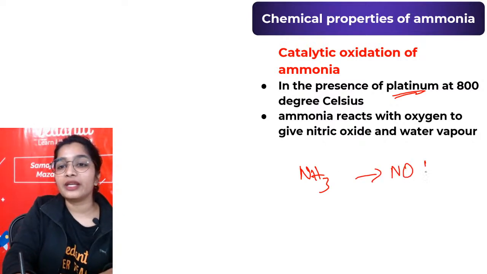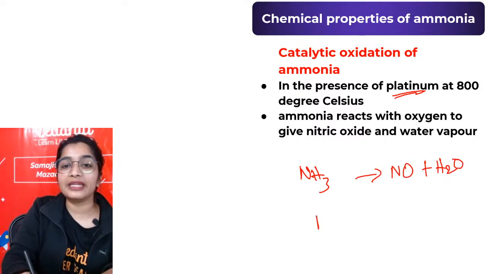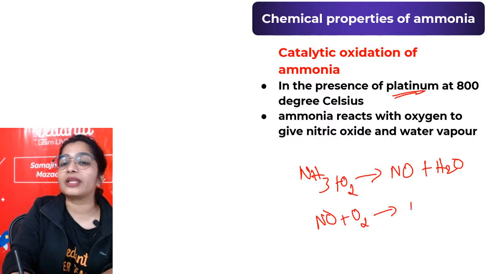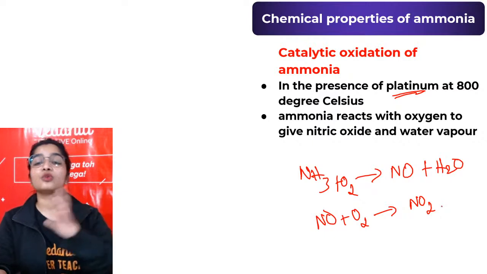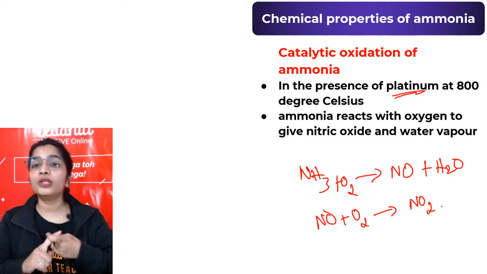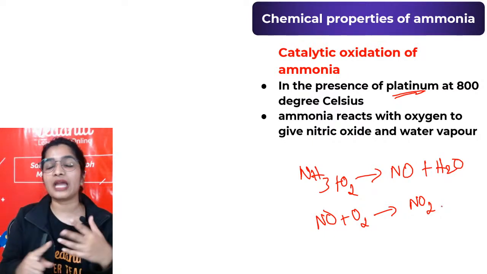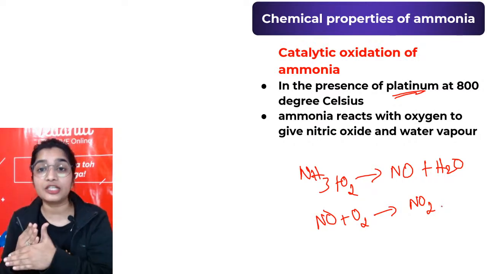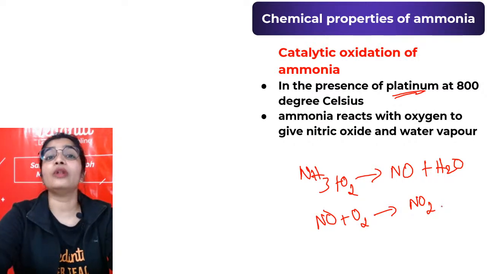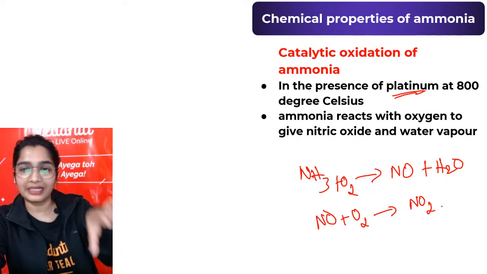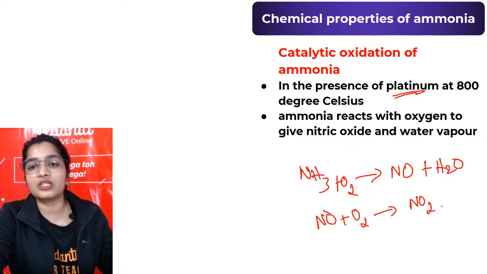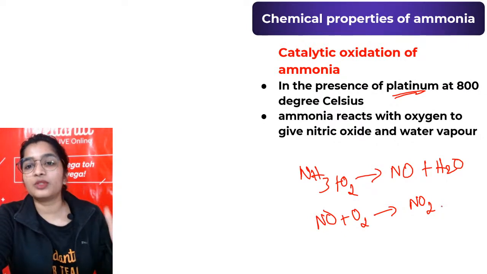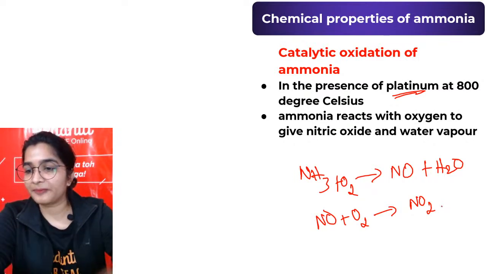The nitric oxide, if there is excess oxygen, will again combine with oxygen to give us nitrogen dioxide.